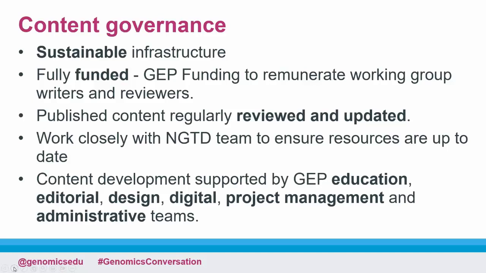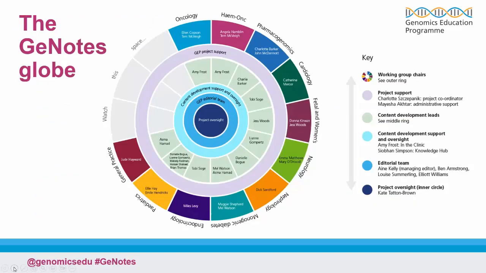There's several teams at JEP that support the working groups with the content development. We have educationalists, editorial team, design, digital, project management and admin teams, all of whom provide support to the working groups. And on the next slide, you're going to see that in a nice figure, which we call our GeNotes globe. So round the outside, you'll see the different working groups. And if you look round to the paediatrics one, you'll see that the outer layer is the working group chairs.